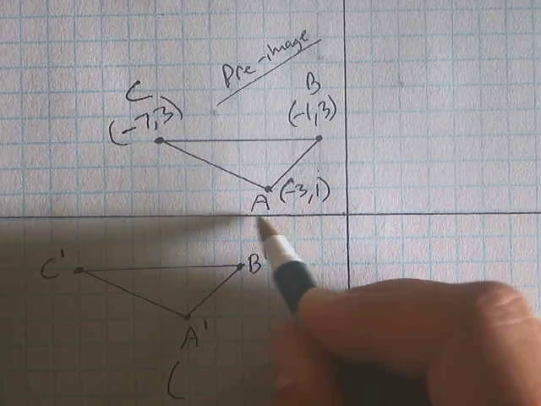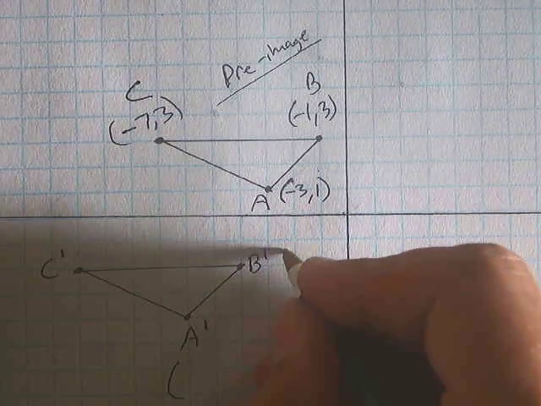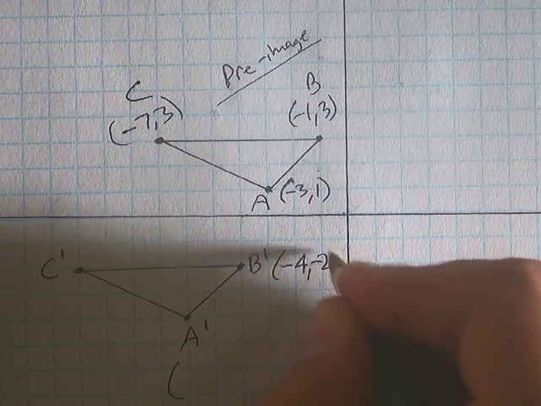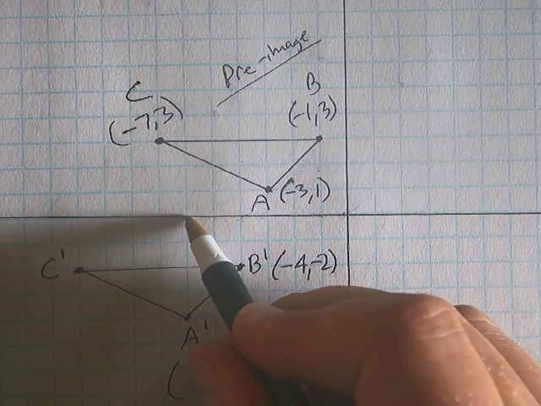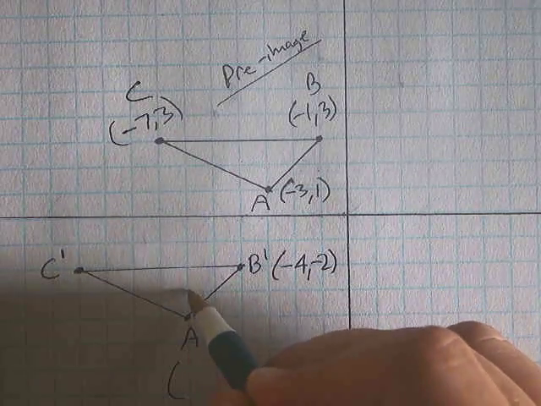And I'm going to zoom in so you can see this a little better now. Okay, so this is going to be my A prime. This is going to be my B prime, and this is going to be my C prime. I've got to figure out the points, coordinates.